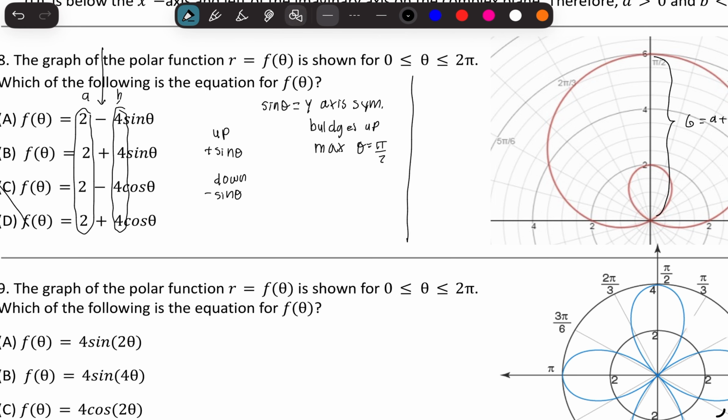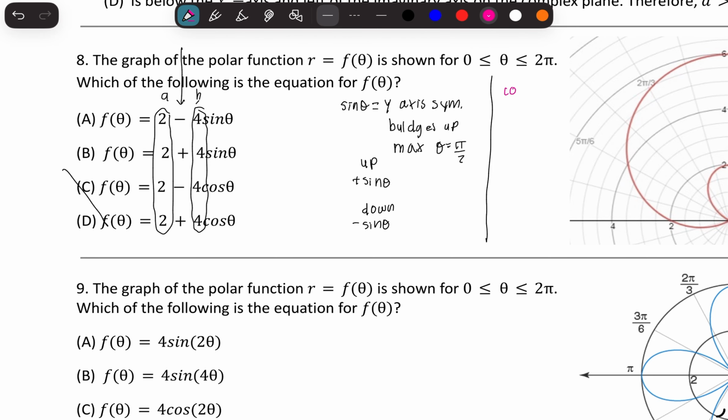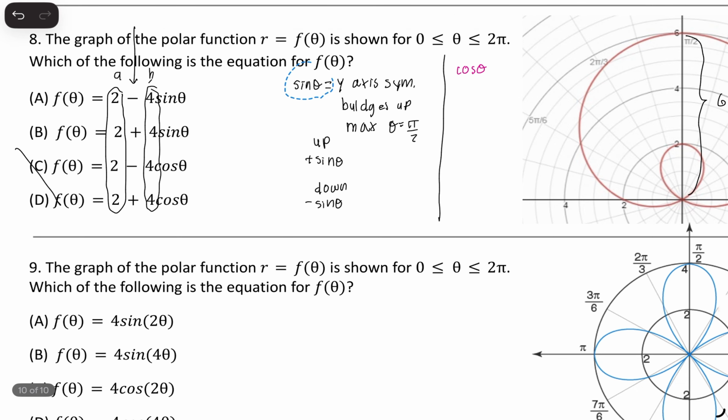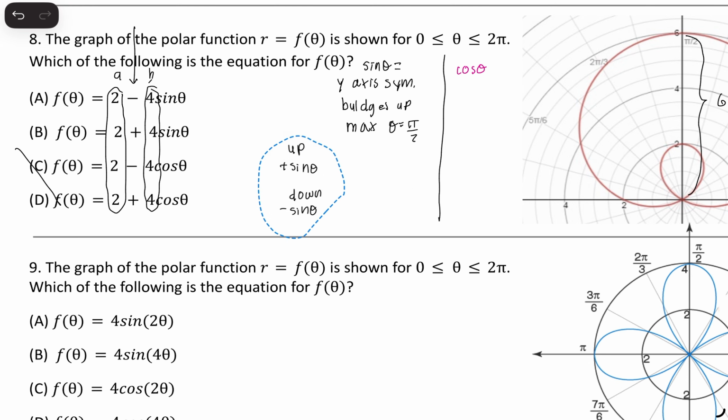You can also write some of this information for cosine, even though this is not a cosine graph. So cosine theta, just to make a comparison.